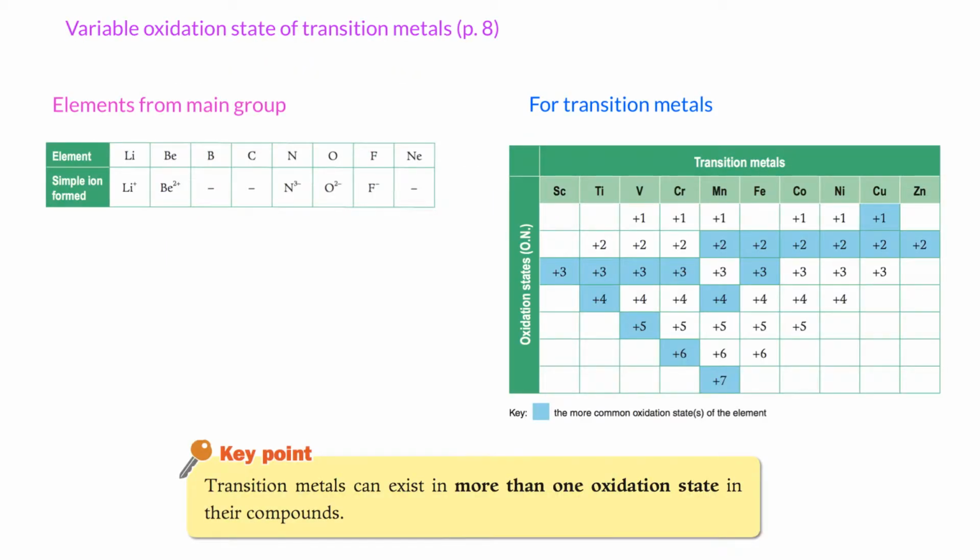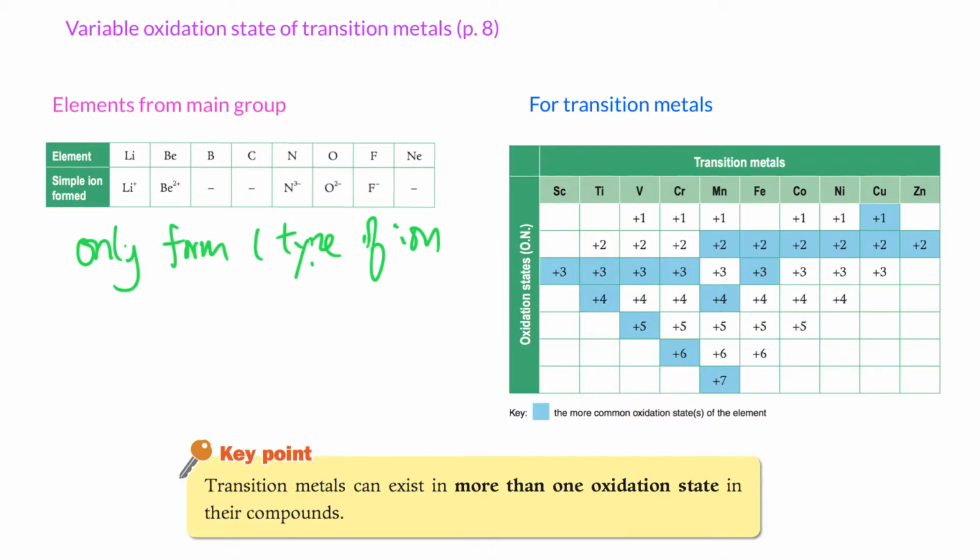Before we look at the transition metals, first of all, pay attention to the elements from the main group. You realize that mainly for the elements from the main group, they can only form one type of ion. For example, lithium will form lithium ion Li+, beryllium Be2+.